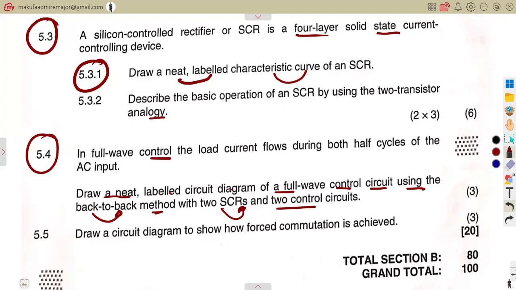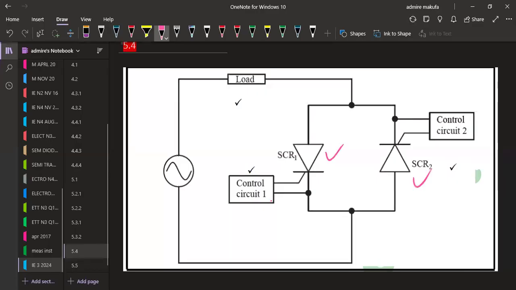So there must be two silicon controlled rectifiers and also the control circuits according to what we are given. So this is the diagram that they want you to have at the end. There are silicon controlled rectifiers here and our control circuits, control 1 and control 2, to the load. So that is for 3 marks.